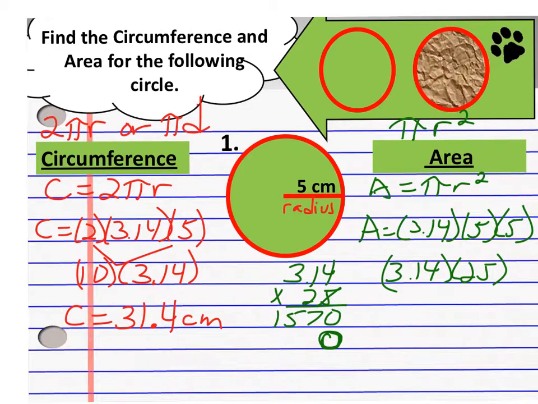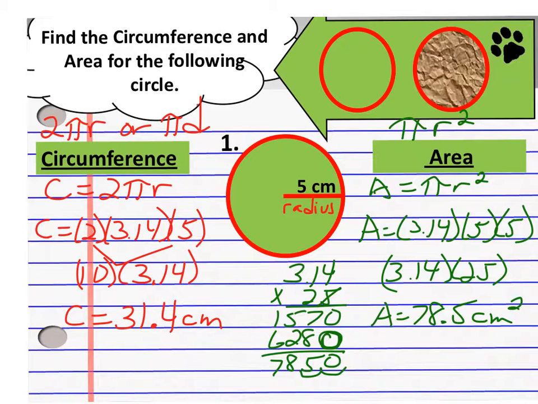Then I know 2 times 3.14 is 628. Add straight down. Move over twice. So my final answer is area equals 78.5, and that is square centimeters.